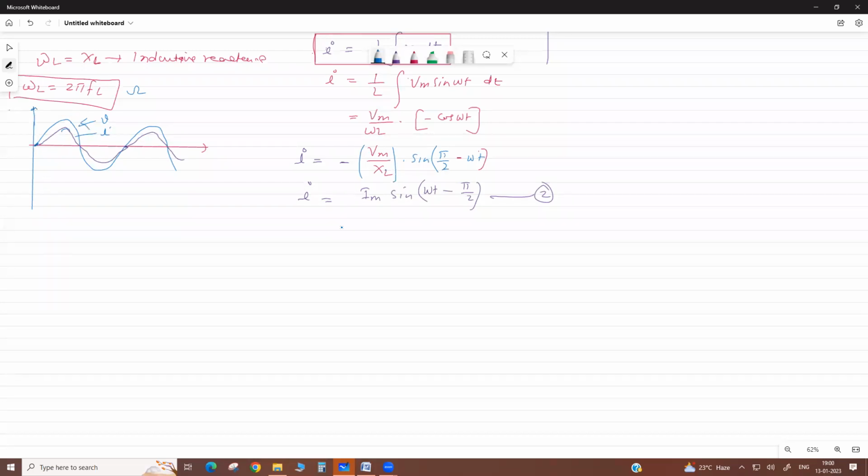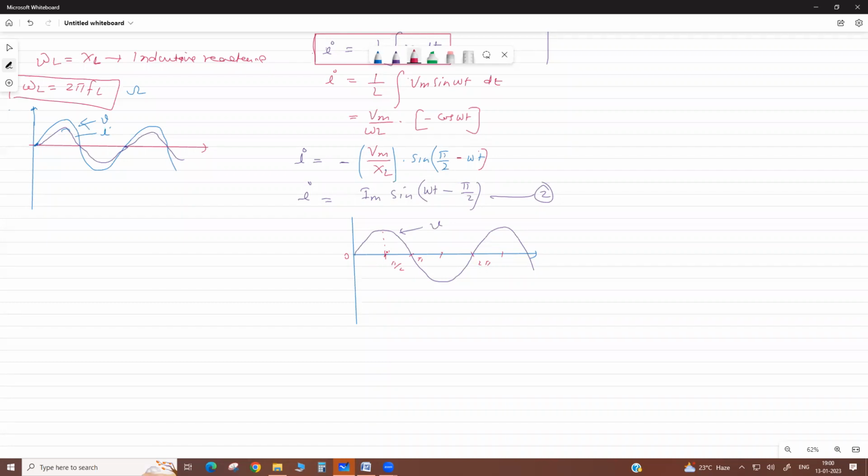But if we see it in an inductor, suppose this is the voltage waveform. Then your current is 90 degrees lagging. It is 0, this is pi by 2, this is pi, this is 2 pi.